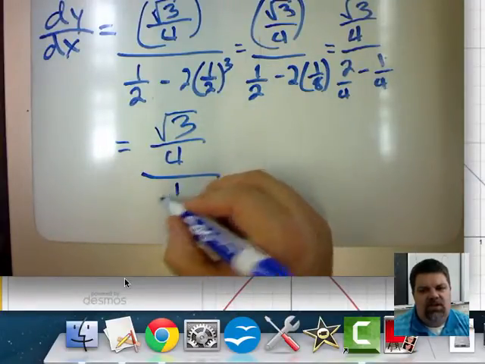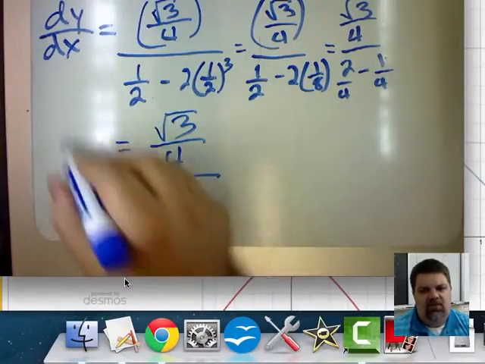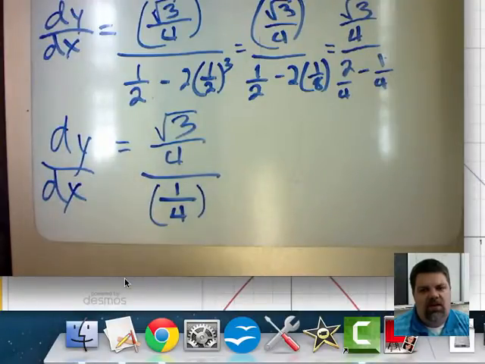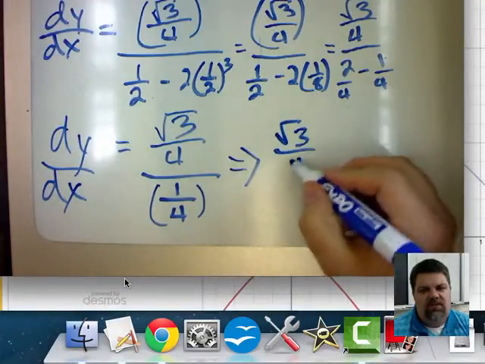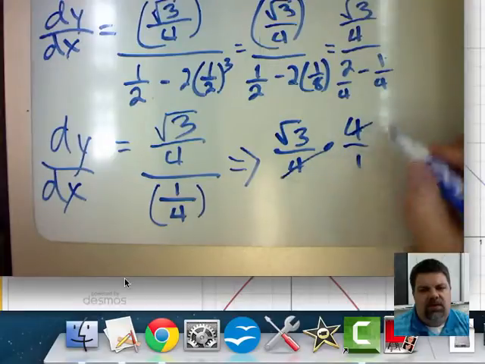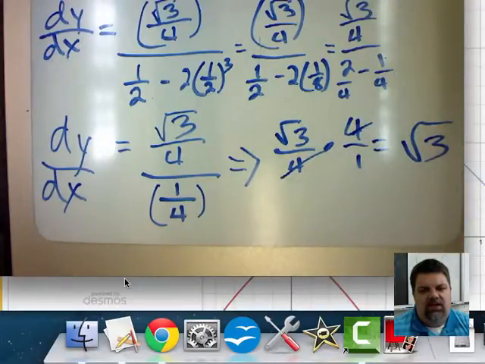Then if I combine all of that, I get root 3 over 4 over like terms. When you divide by a fraction, you multiply by the reciprocal, the 4's cancel, and I get that the derivative is root 3. And that's pretty much it.